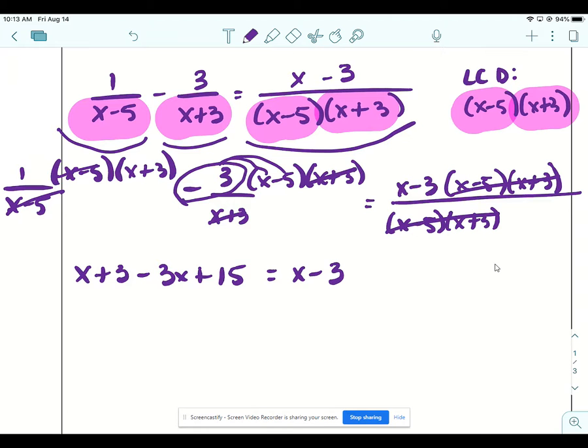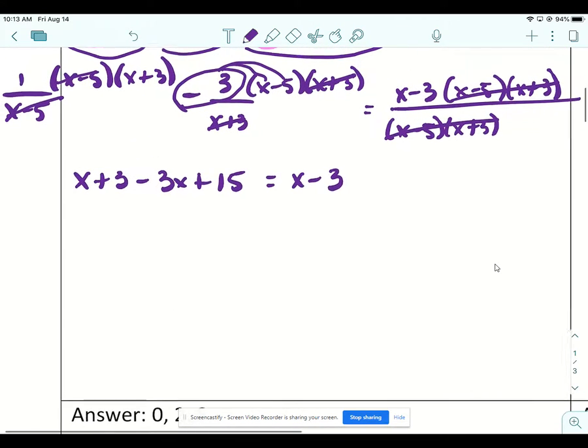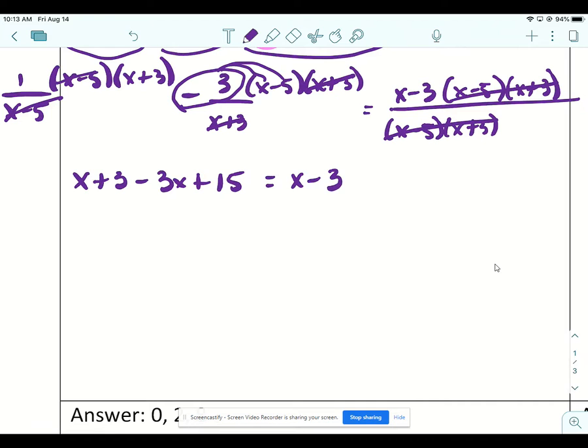All right, so that step after you multiply by the LCD should always leave you with an equation that could be linear, it could be quadratic, but something that doesn't have a denominator. So we would combine our like terms.